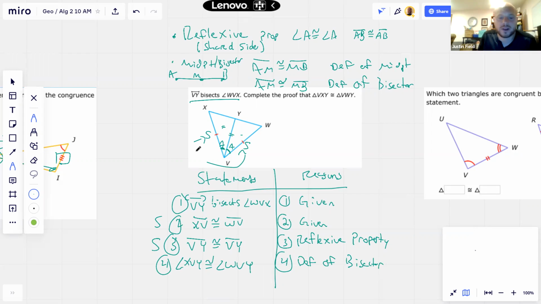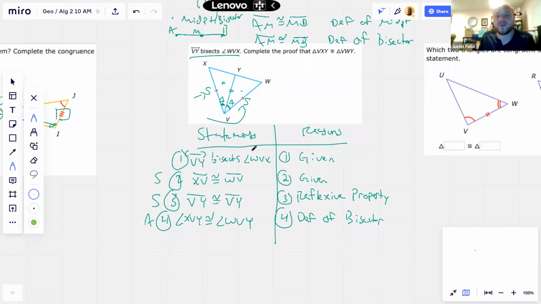All right, and guess what? We have just said enough information to say that triangle VXY is congruent to triangle VWY.